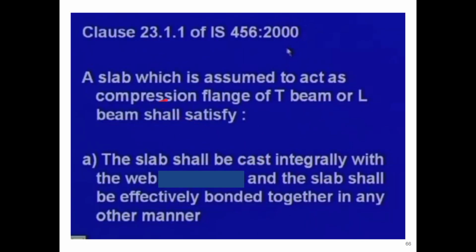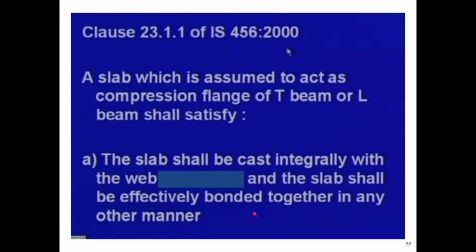Okay, so as per clause 23.1.1 of IS 456, a slab which is assumed to act as the compression flange of a T beam or L beam shall satisfy the following criteria. One, the slab shall be cast integrally with the web, or the slab shall be effectively bonded together in any other manner.